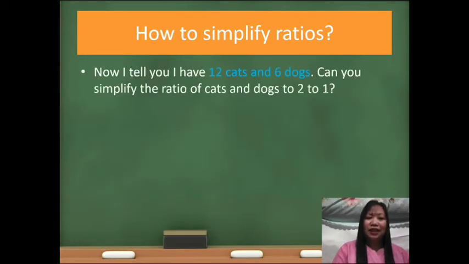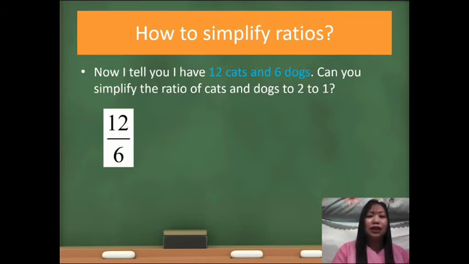Now, I tell you, I have 12 cats and 6 dogs. Can you simplify the ratio of cats and dogs to 2:1? So 12 over 6. As we all know, we can write the ratio in fraction form. So we need to reduce this one to its simplest form. So how can we reduce this one? Yes, we will find the GCF, or the greatest common factor.